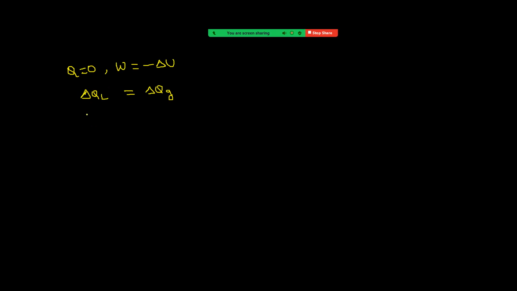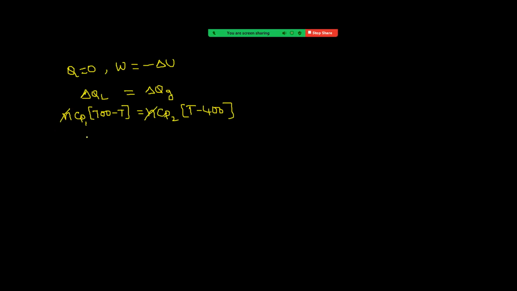Then see what we can do here. n Cp delta T, 700 minus T, is equal to n Cp, this is n Cp2, T minus 400. Number of moles 2 cancels.